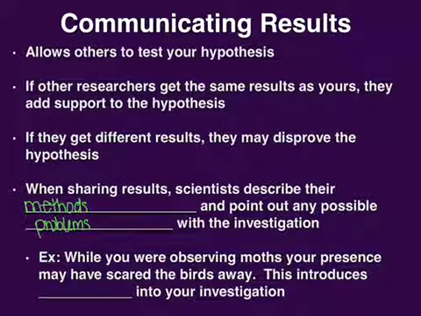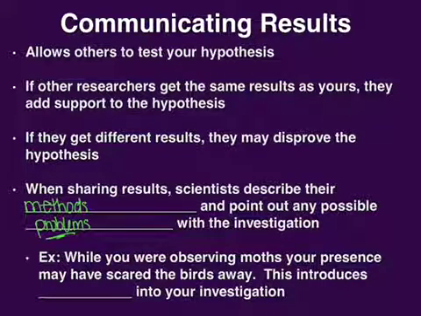In doing this, scientists are very transparent in how they do their experiment, and they're very honest about possible mistakes that they made, shortcomings in their research, so that way they can be held in high regard in the scientific community and call for extra research wherever their shortcomings would be. For example, while you were observing your moths, your presence may have scared away the birds.